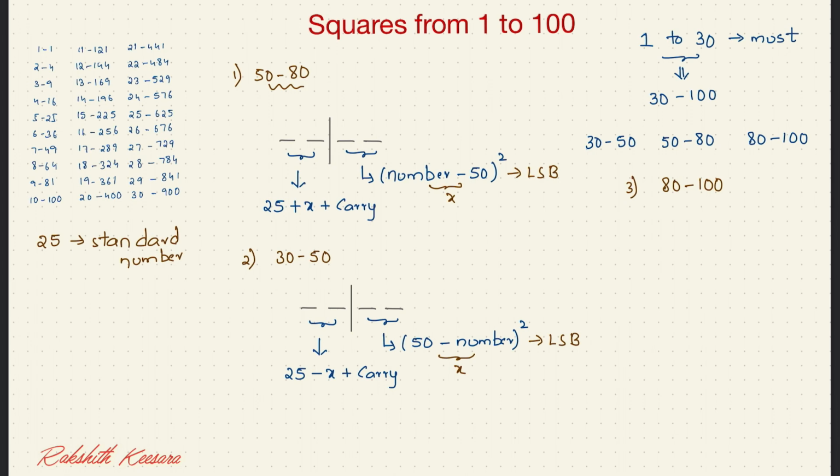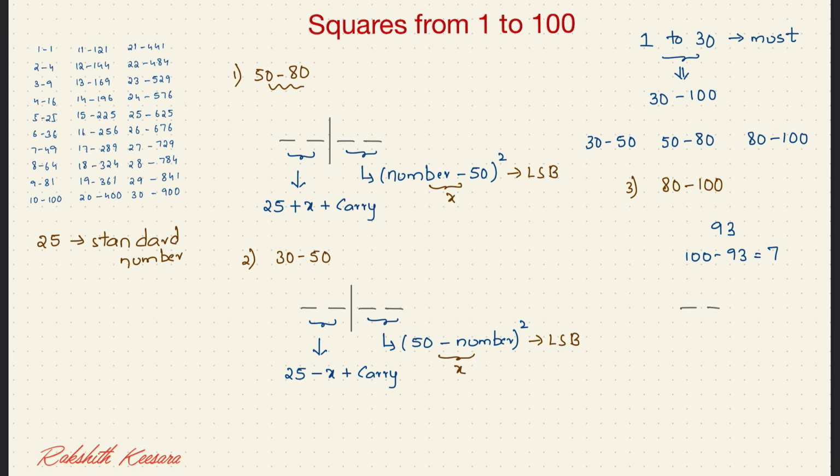You basically found out the difference from 50. Here you will take 100 as reference. You will find out the difference from 100. Let me take an example. Let us say 93. So 93 is differed by 7 from 100, right? 100 minus 93 is 7.